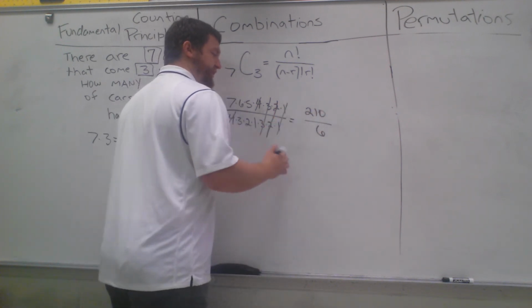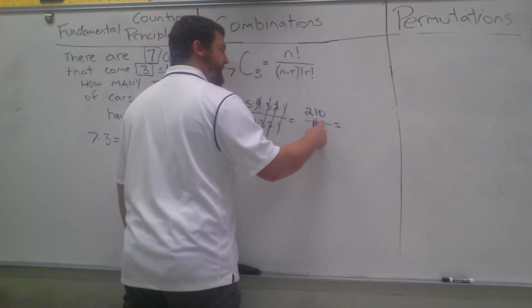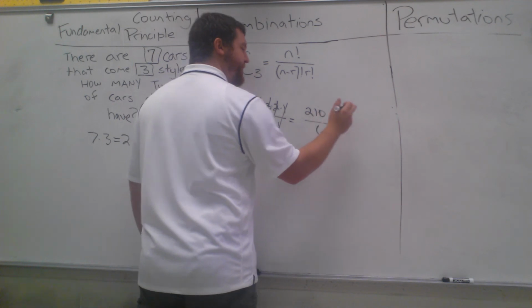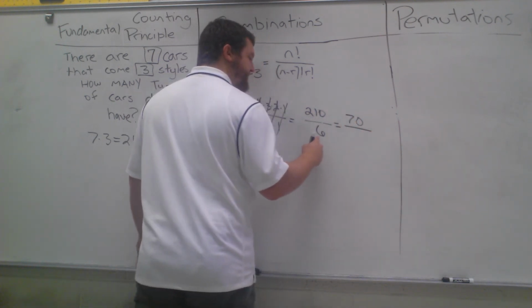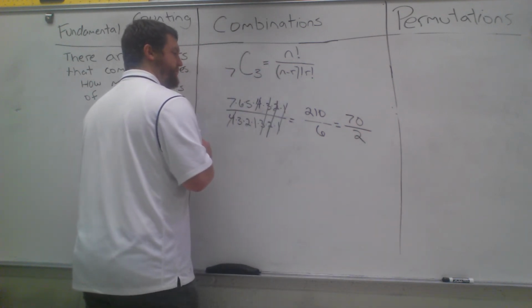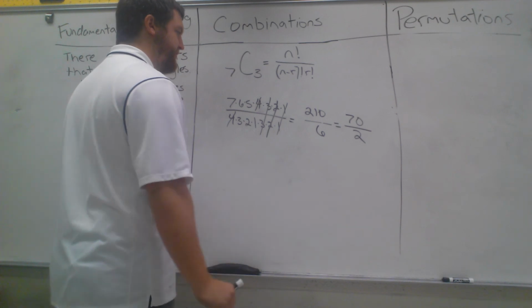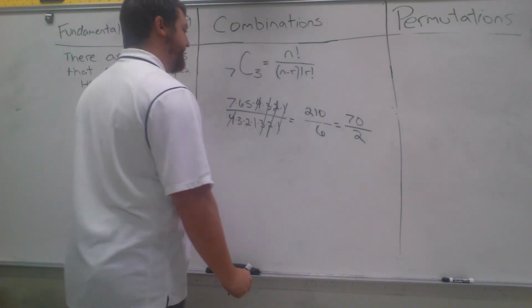So I know 210 is divisible by 3, and I just know that 6 is divisible by 3. So 3 goes into 210 how many times? Well, it goes into 21 7 times. Don't forget your 0. And then it goes into 6 2 times. 70 over 2. Okay.